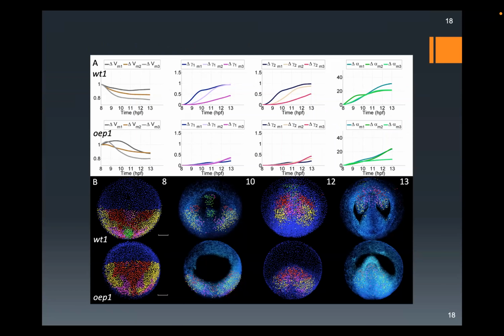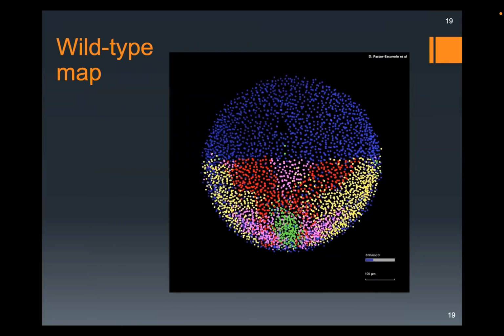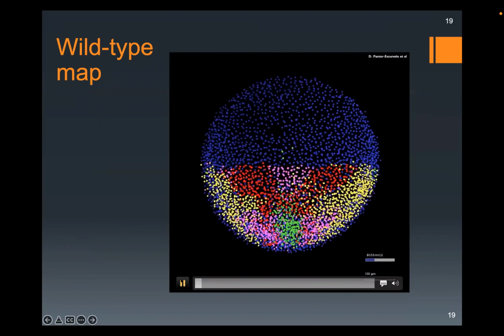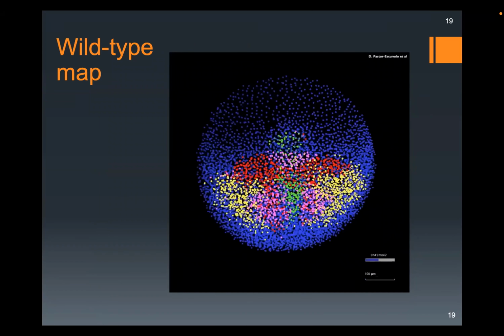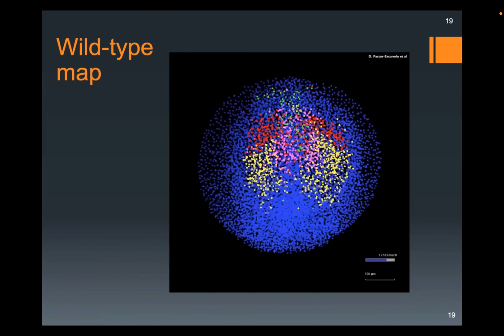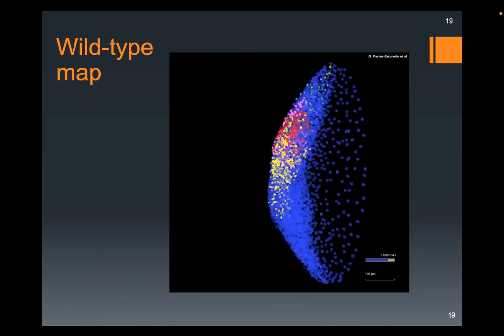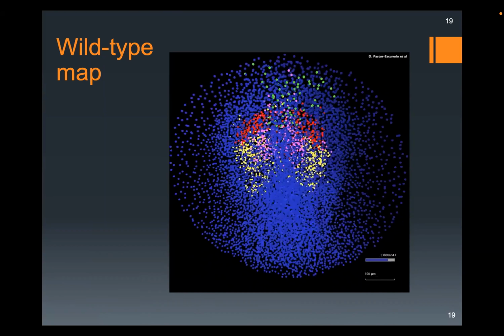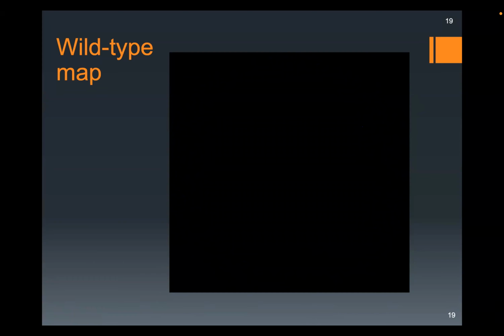Therefore, the morphogenesis is completely different, and the difference is that the wild type develops normally, and the mutant only develops one eye. If you see this labeling of mechanomics, you can see here that the green population follows a pattern that is more or less similar to the goosecoid expression, and it's organizing, and you can see more or less the eyes and different populations within the eyes: red, blue, yellow, and purple.